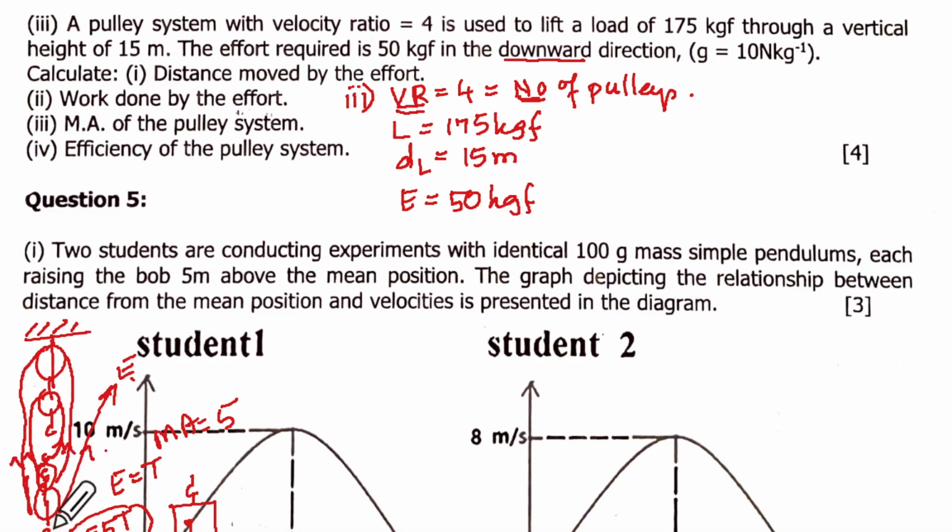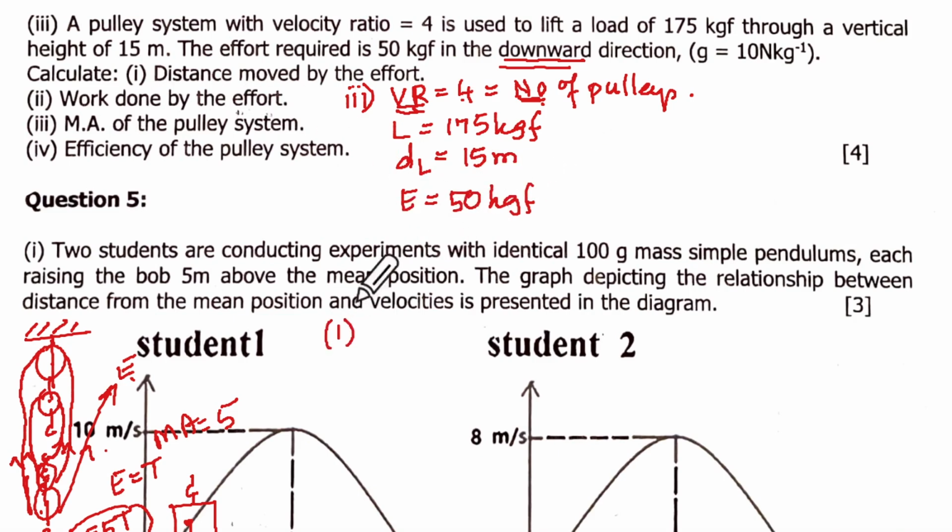Your mechanical advantage will be 5, velocity ratio also will be 5, and the mechanical advantage 5 will not be equal to the number of pulleys. Understood? Yes. This is true only when the effort is in downward direction. Understanding? Yes. Okay. So now that you understood this much, this is the first part.